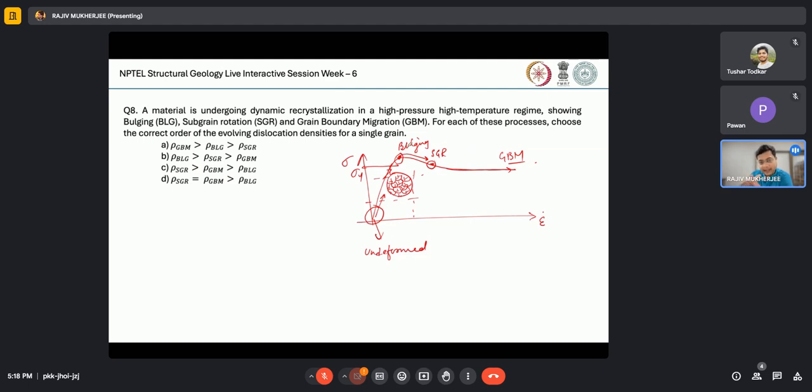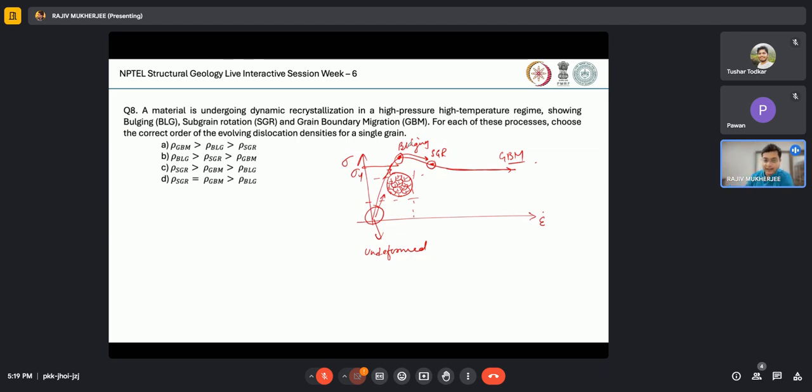So dislocation density has been built up so much. Now the material will start to release the dislocations. So first of all, to do that, they will align themselves to accommodate the strain, to be closer to equilibrium, and then they will repeatedly release the dislocations.